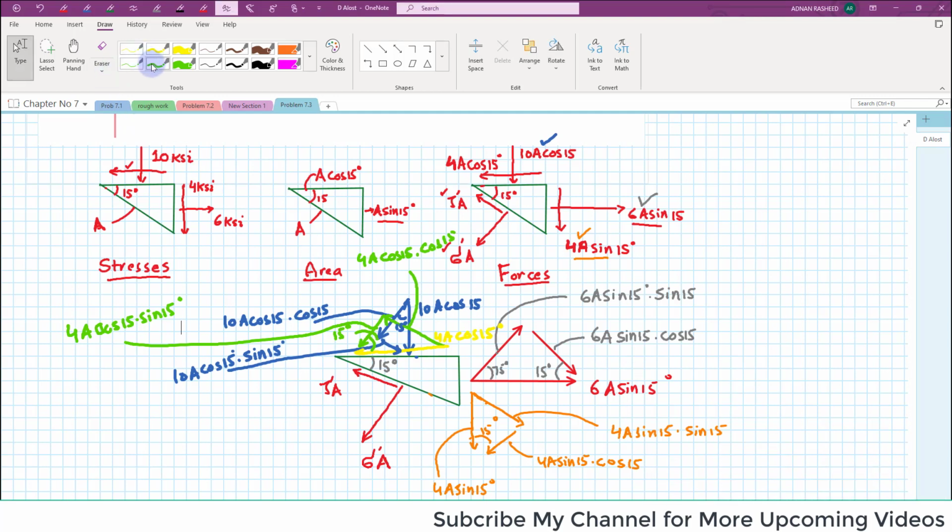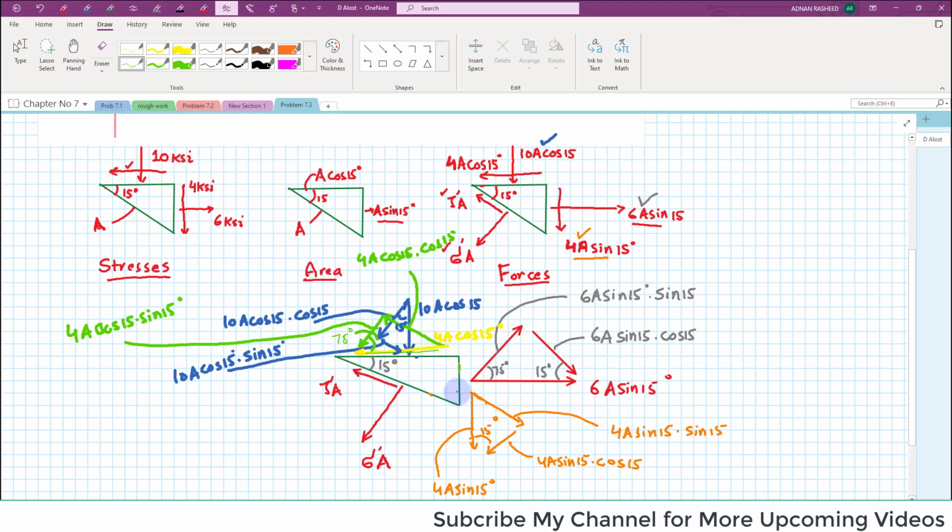Okay. Kindly make a correction. This angle is not 15. This is 75. So how is this 75? Let me explain this. You can see that this force, which is represented as 4A cos of 15, is perpendicular to this surface. Clear? And this stress is perpendicular to this surface.